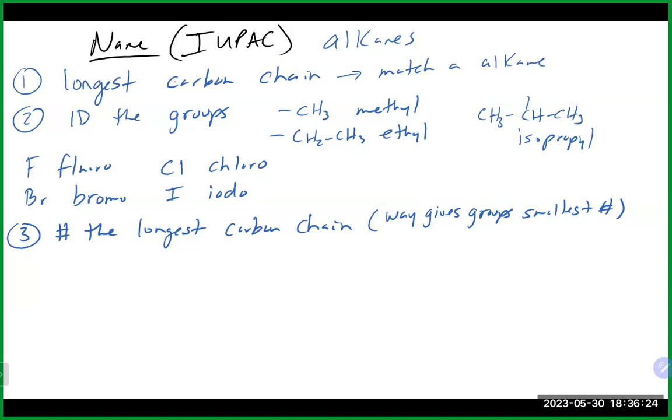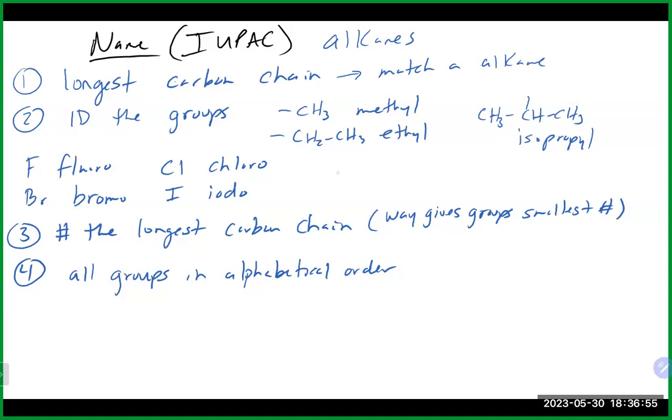Once you've done that, we're going to put all of our groups in alphabetical order, regardless of prefix and also regardless of number. What I mean by that is you could have alphabetically something that's B before M, but the B has a larger number than the M. We can still go alphabetical regardless of the number.